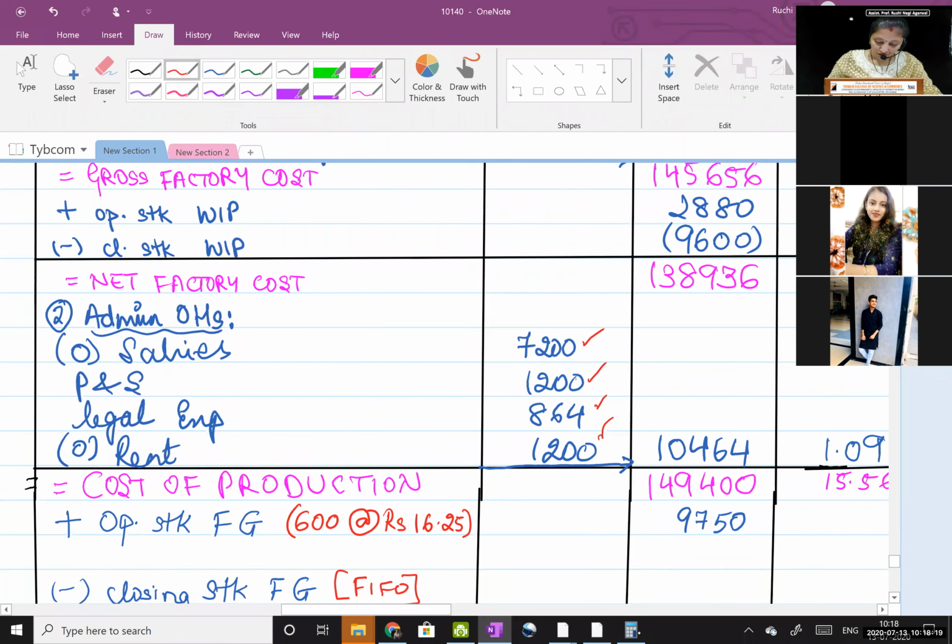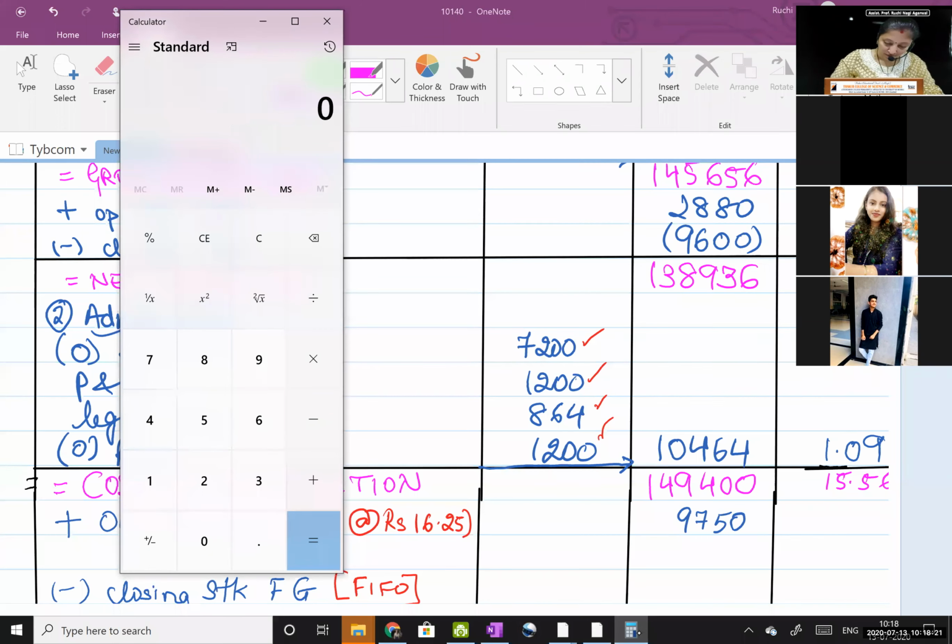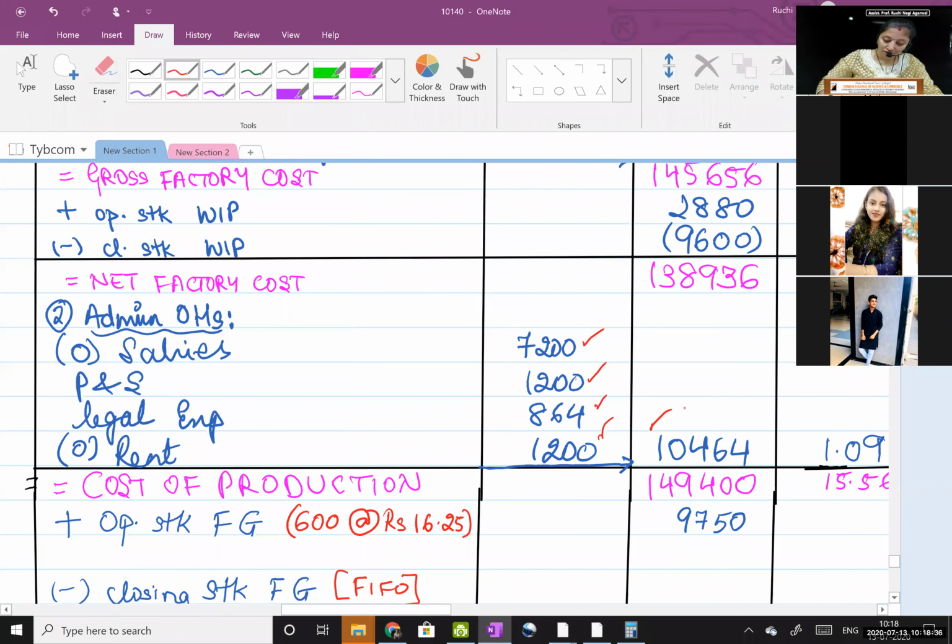Okay, total it: 7,200 plus 1,200 plus 864 plus 1,200. The answer is 10,464. Outer column. Inner column total in the outer column. Don't forget that. Yeah. This comes with practice.